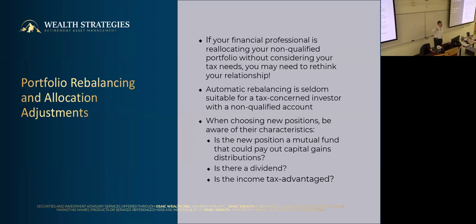So IRAs, 401ks, 403bs, anything where the taxes are deferred until withdrawal, we think about those as qualified accounts. It's like they qualified for a deduction or they did not. So non-qualified would not have qualified for a deduction. Exactly. So again, that automatic rebalancing, not great.